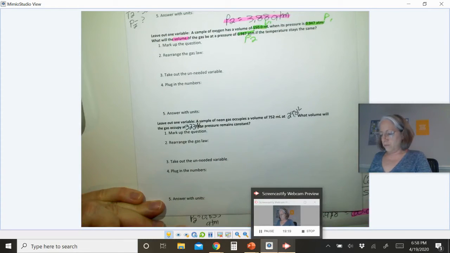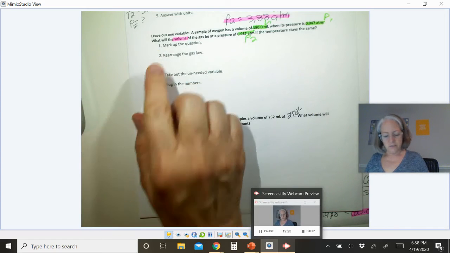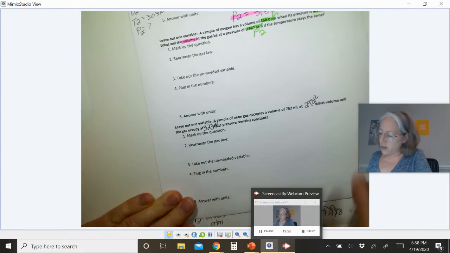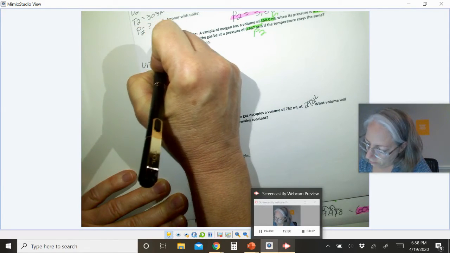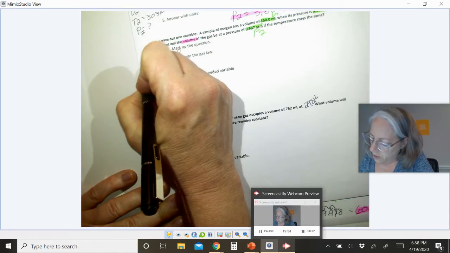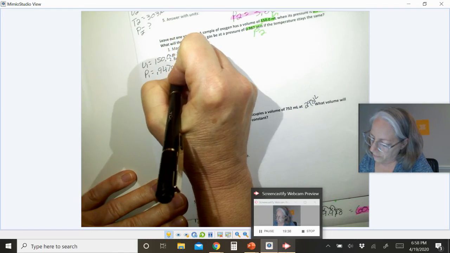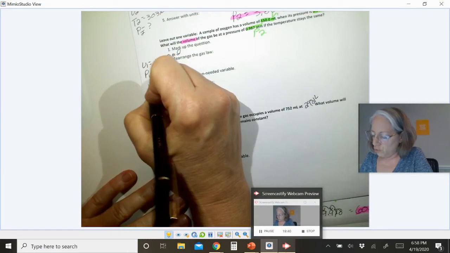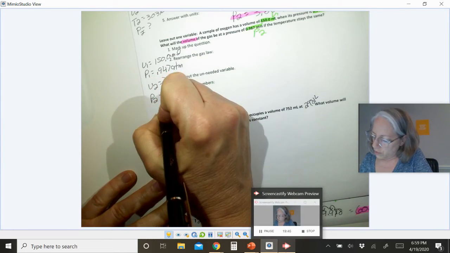That's our unknown. So we've marked it up, identified things. We've got V1, 150.0 ml, and P1, 0.947 atm. V2, we don't know. P2, 0.987.